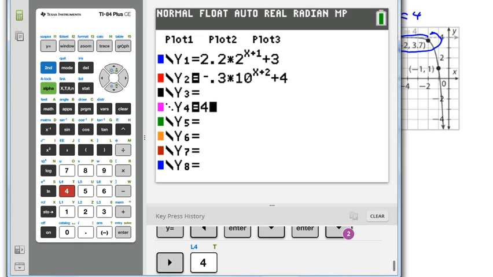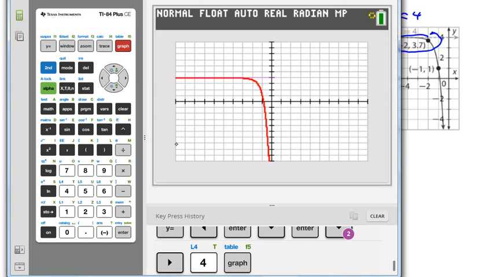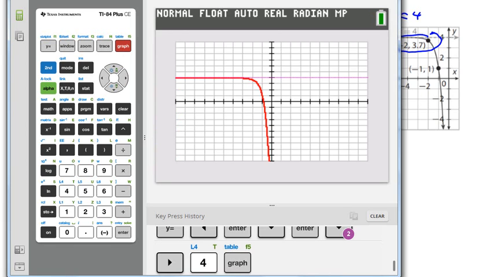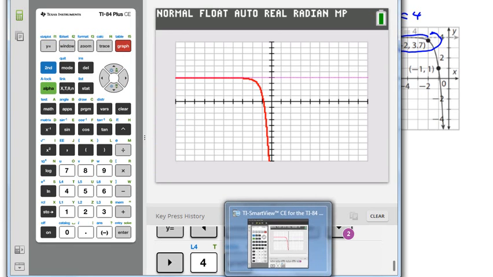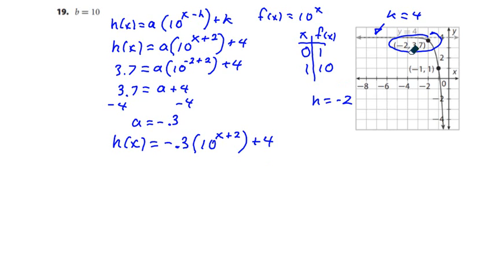We're going to graph and see what we have here. We hope we should have the points that we had originally. What is the second reference point we had here? It's going to be negative 1 comma 1. We have negative 2 comma 3.7 and negative 1 comma 1.